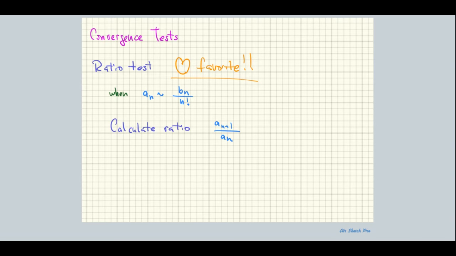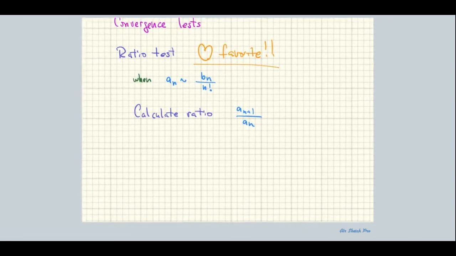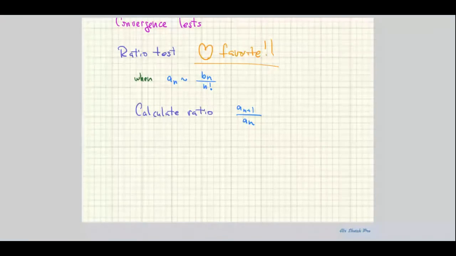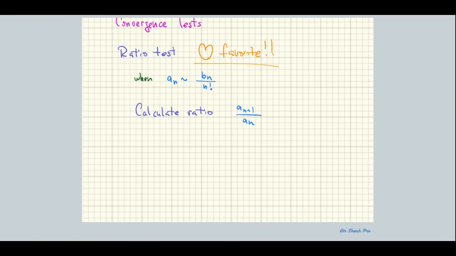Let me go ahead and give you an example on a ratio that we can work with. Let me grab one that's actually from your homework. This one's good.